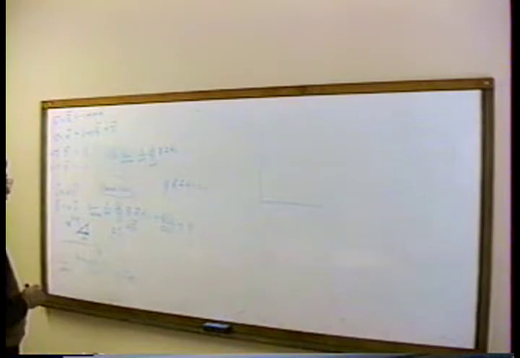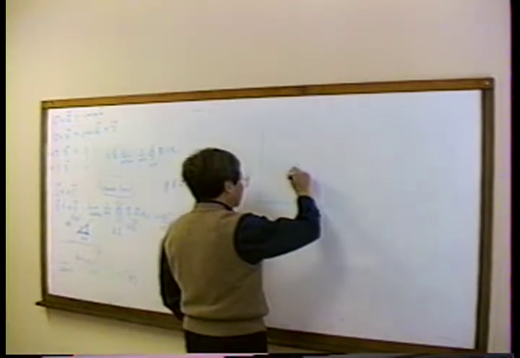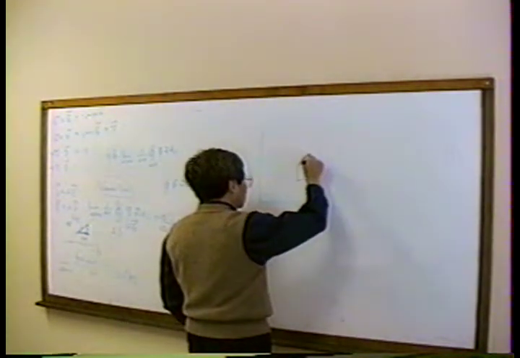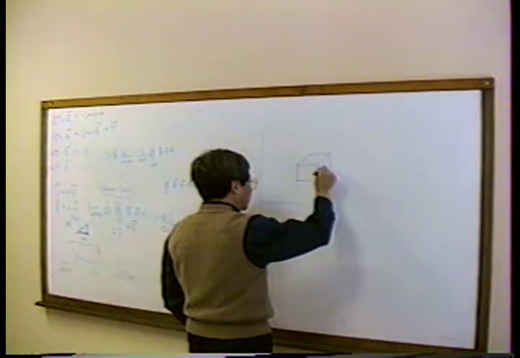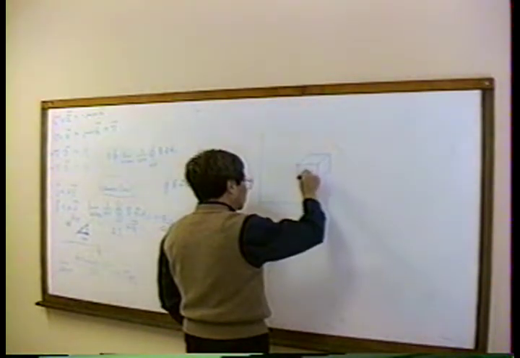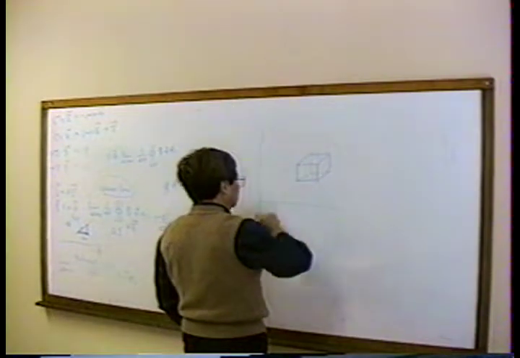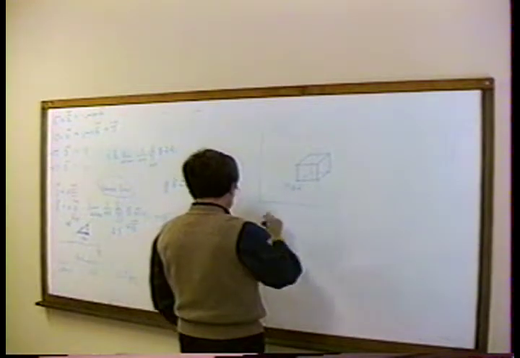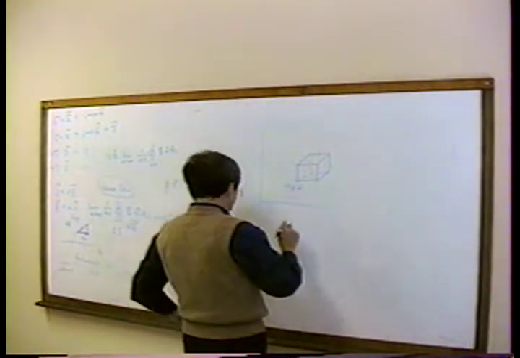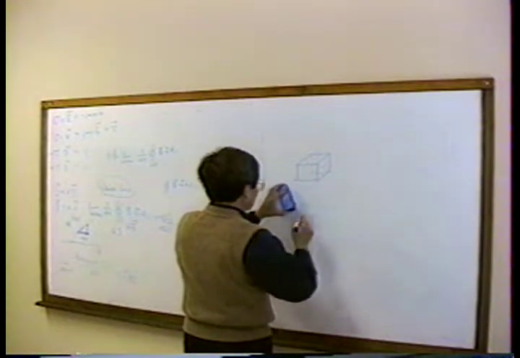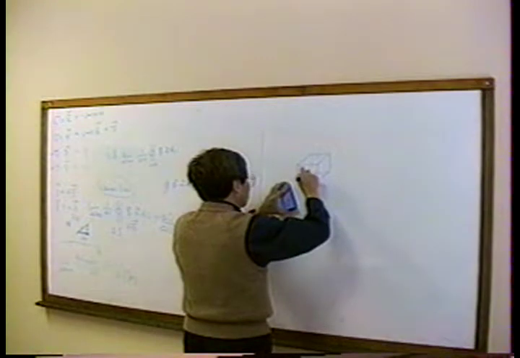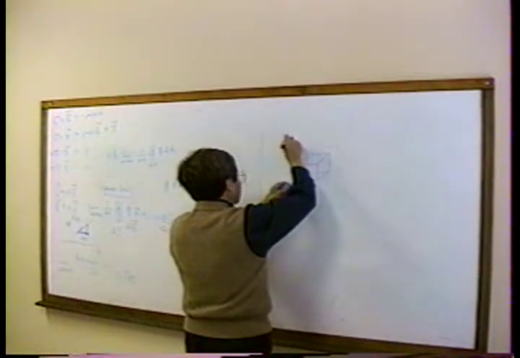I'm taking a volume, delta V. This is XYZ, the point P of XYZ.